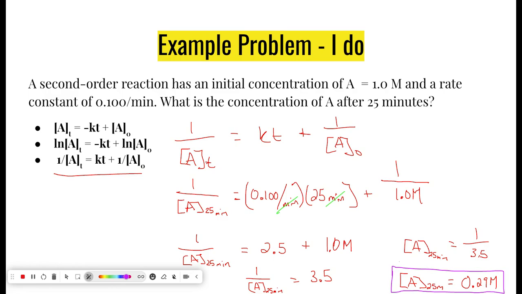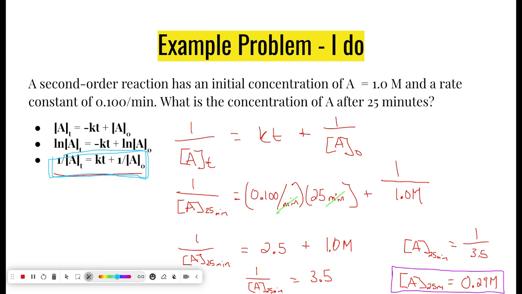Okay, so guys, just a little bit of reducing there. But once we find what equation to use, which again, in this case was the second order integrated rate law, it was pretty much plug and chug. And then, of course, just using basic algebra to reduce the quantity until we get the concentration of A at 25 minutes.